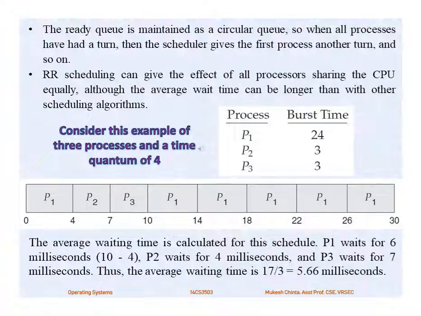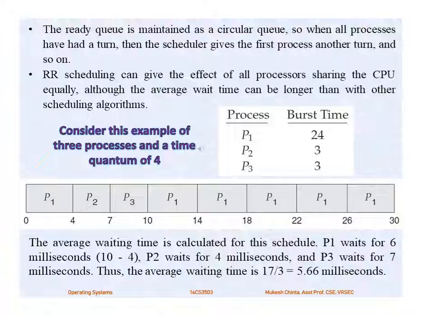The ready queue is maintained as a circular queue. So when all the processes have had a turn, then the scheduler gives the process another turn, and so on.